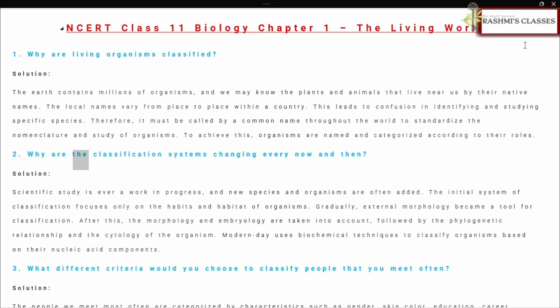2. Why are the classification systems changing every now and then? Solution. Scientific study is ever a work in progress, and new species and organisms are often added. The initial system of classification focuses only on the habits and habitat of organisms.